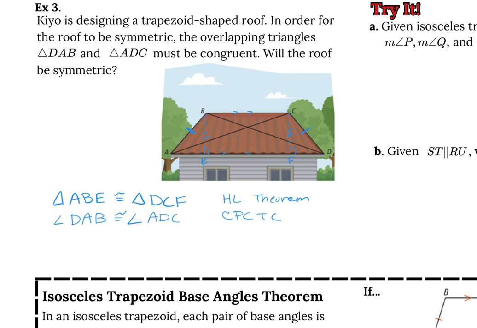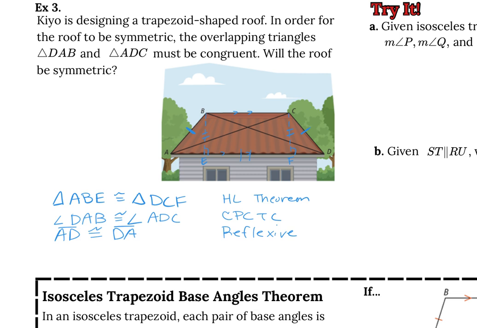We know that side AD is congruent to DA because of the reflexive property. So that side is congruent to that side because of the reflexive property.